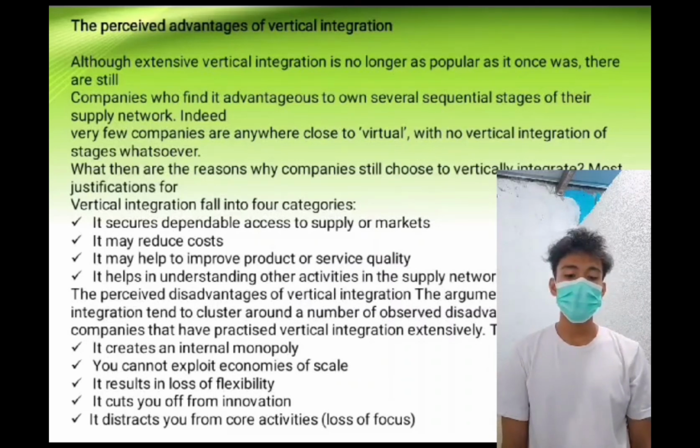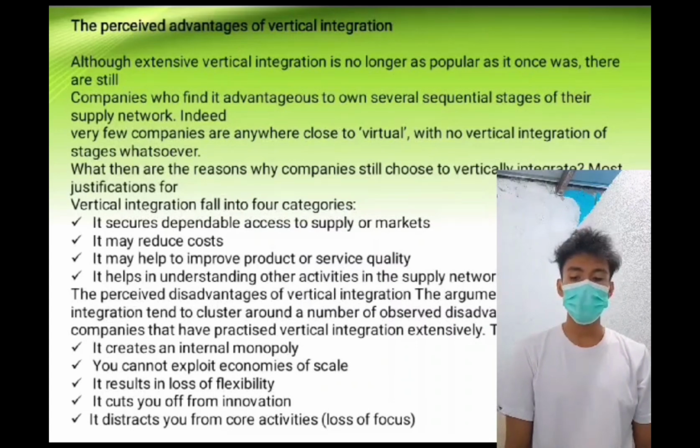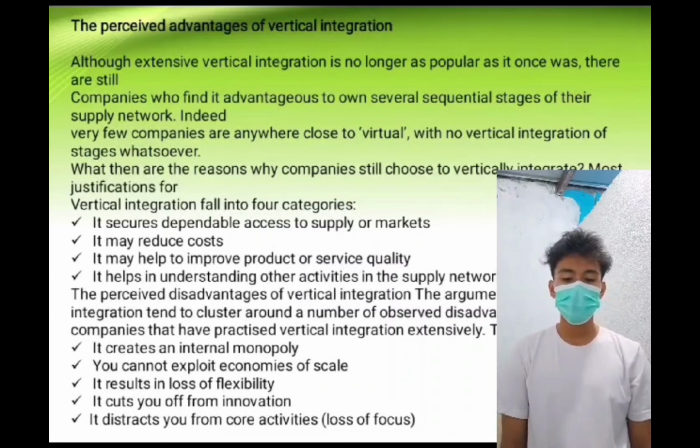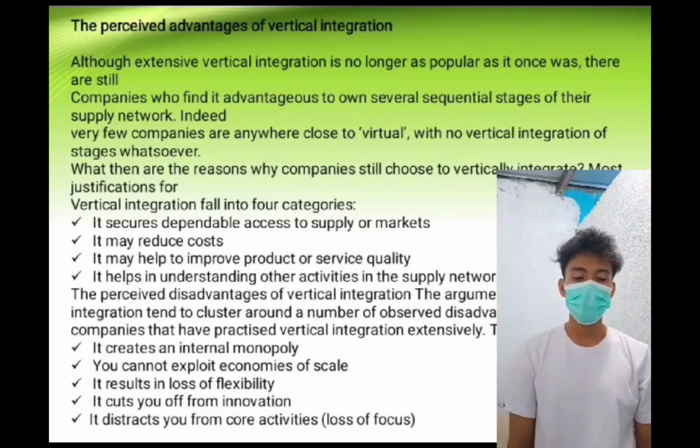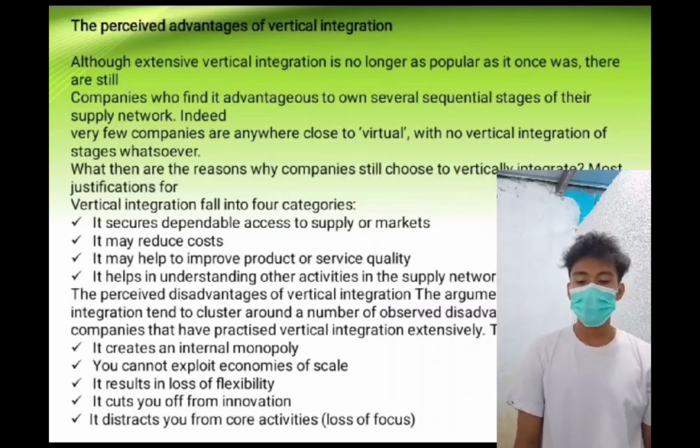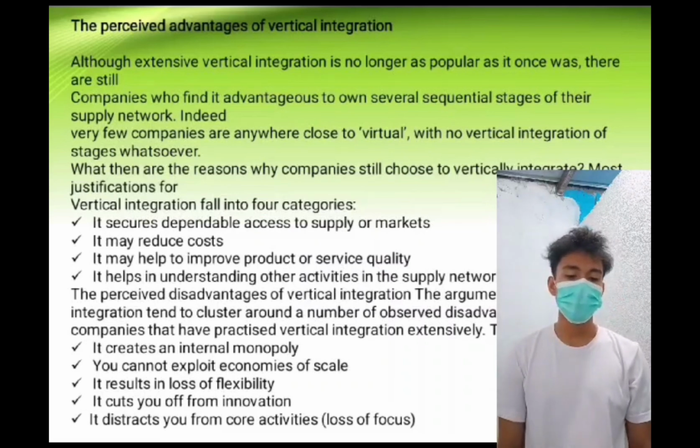It creates an internal monopoly. You cannot exploit economies of scale. It results in loss of flexibility. It cuts you off from innovation. It distracts you from core activities, with loss of focus.